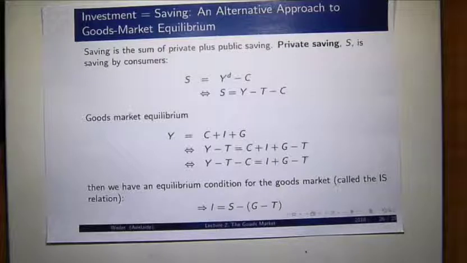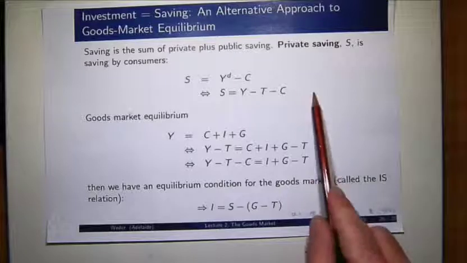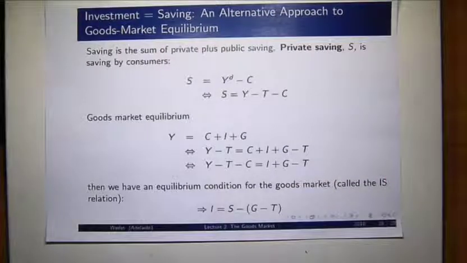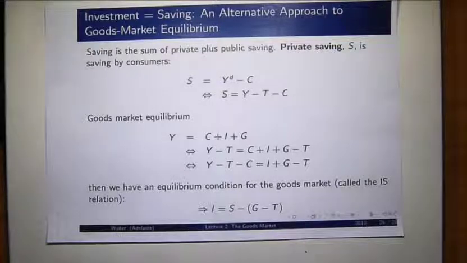So again, there's no exports and imports, so there's no trade with other economies here. I just want to give you one little accounting result here that you should be aware of, and then we start with financial markets, I think.